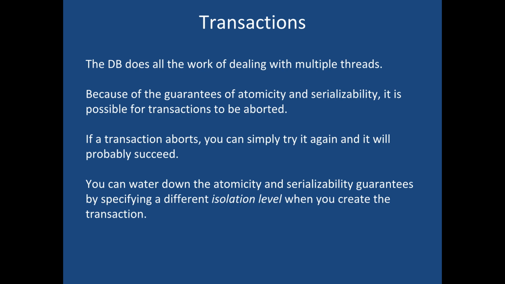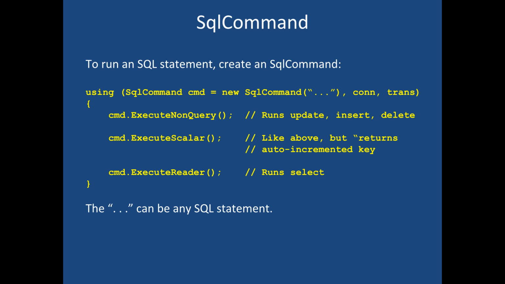So you can get rid of the locks, you can get rid of the synchronizing object, you just call the database and let it worry about concurrency control, because it's better at it than any of us can ever hope to be. Okay, connection, transaction started, and then inside the transaction you can start doing stuff.